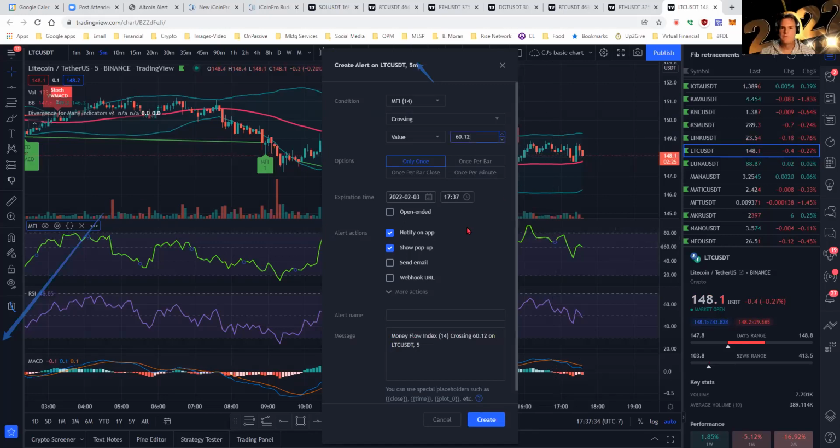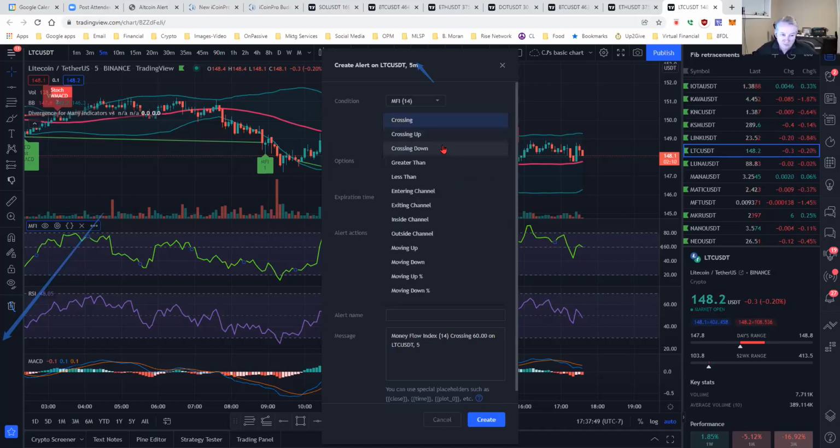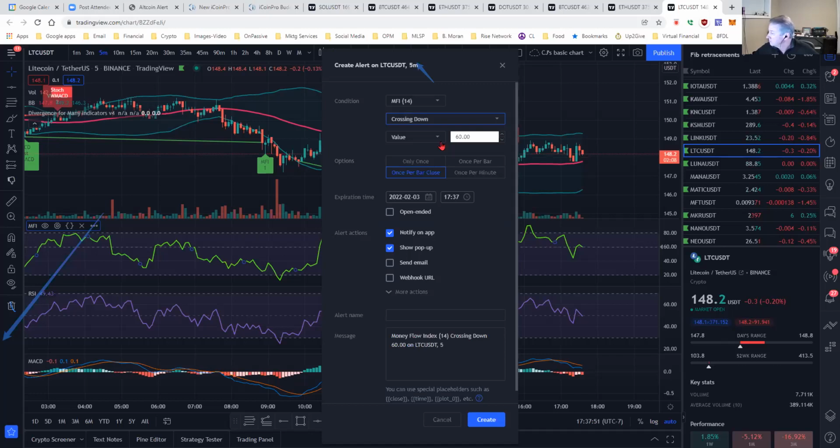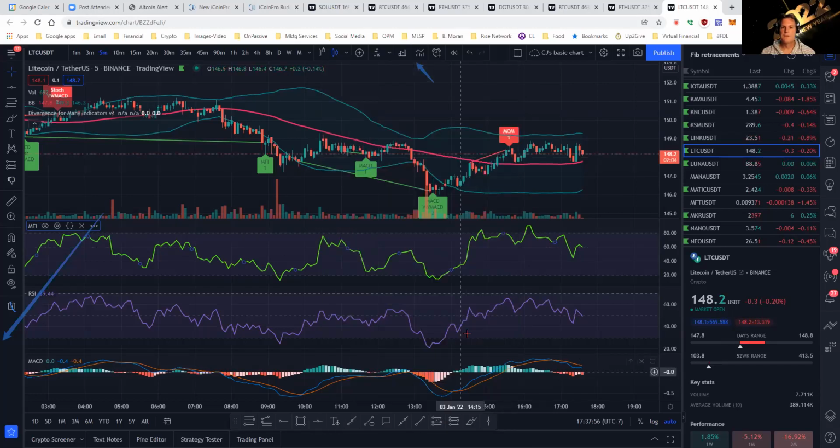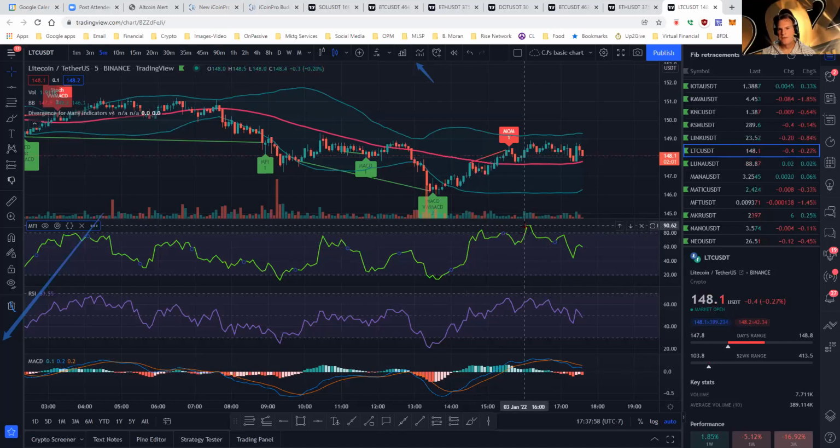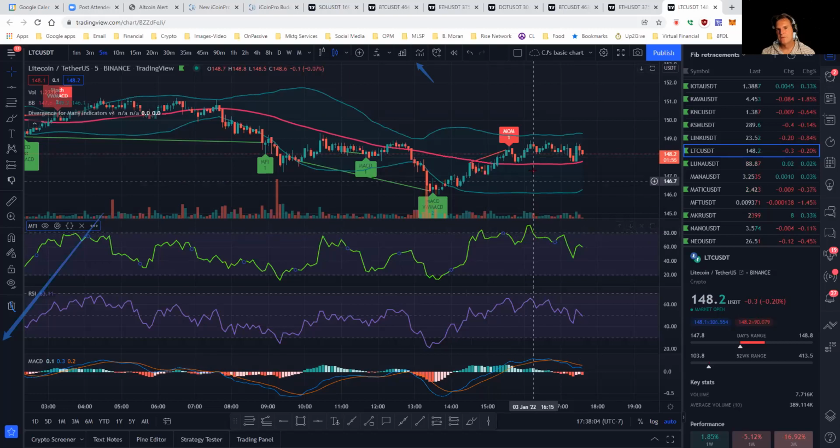For those of you interested in shorting something like this, you set an alert on 60, put your once per bar close, and then create that alert. Actually, another way to do this is to click crossing down instead of just crossing. What that'll do is tell you that it's gone up, run its course, and it's coming back down, and then you get in on this downward movement.